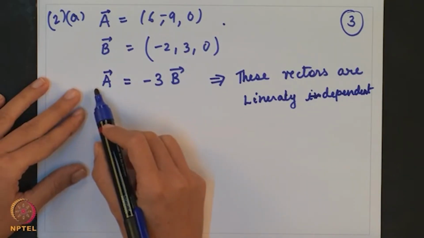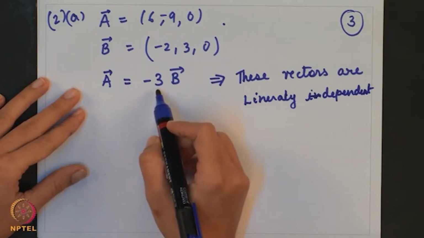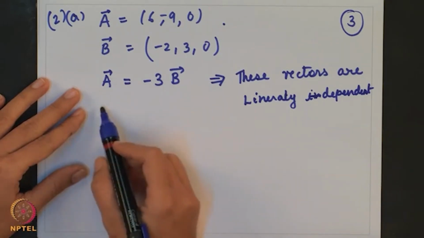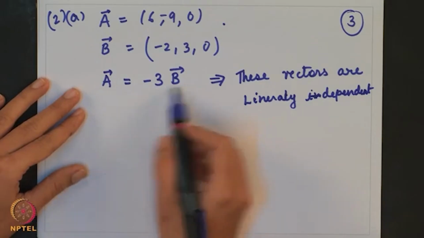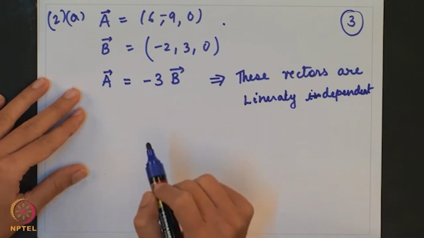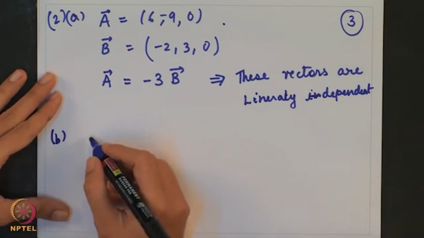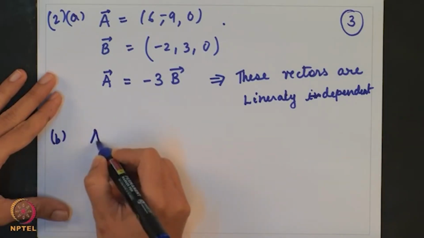Your a1 is 1 and your a2 is 3. Okay. I have to take it to the other side and I have a1 a plus 3 b equal to 0.